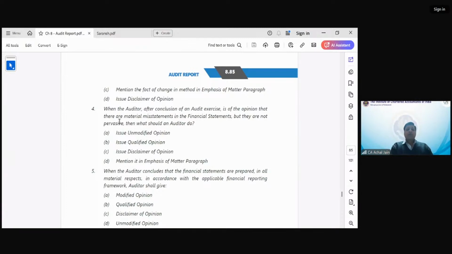Great. Next question. When the auditor concludes that the financial statements are prepared in all material respects in accordance with the applicable financial reporting framework, then what will be the opinion of the auditor?